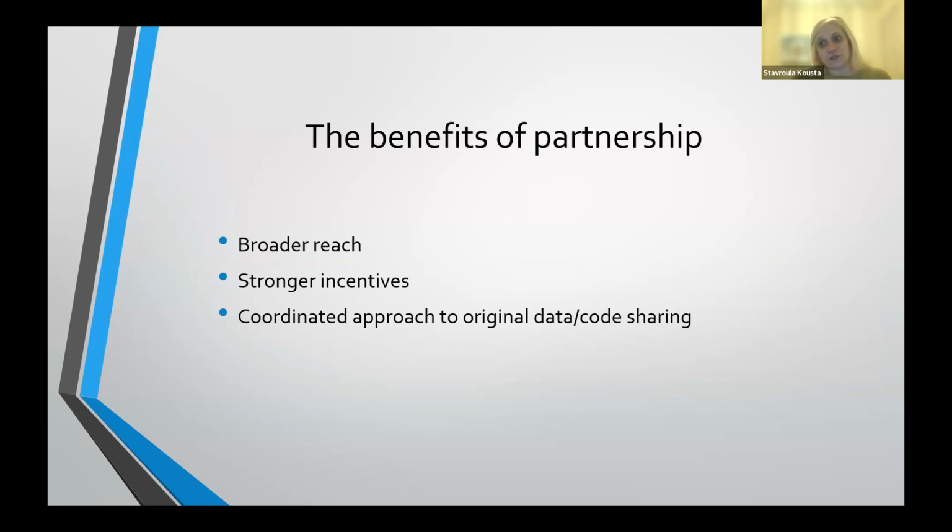The initiative also offers stronger incentives for scientists to participate in these efforts, because we are committed to publishing outputs from this partnership. And we're also taking a coordinated approach to sharing of the data and code of the original papers.